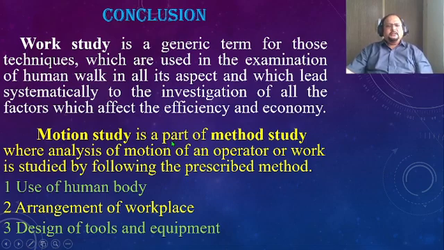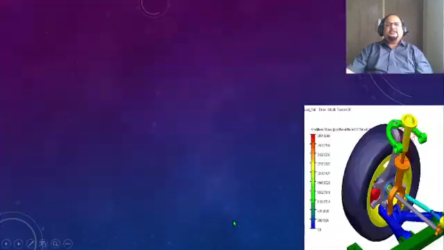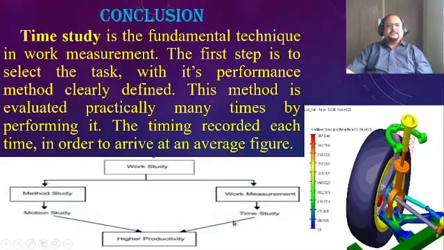Motion study is a part of method study where the motion of an operator or work is studied by following the prescribed method, use of the human body, arrangement of the workplace, and design of tools and equipment. So we have discussed work study. Let us discuss one more slide on time study.